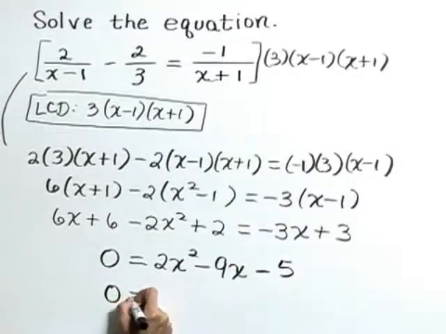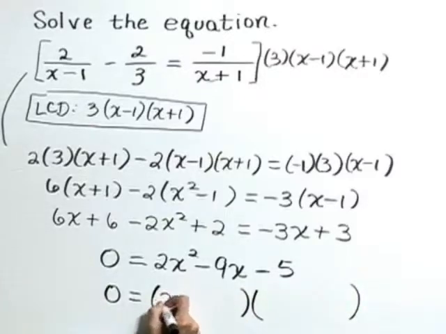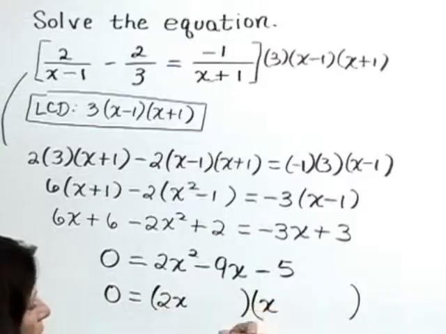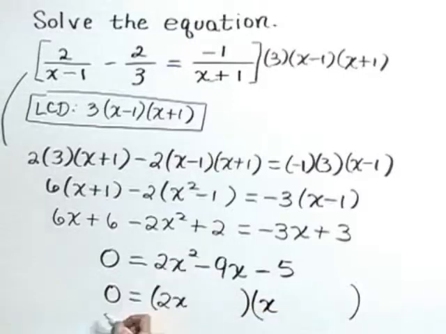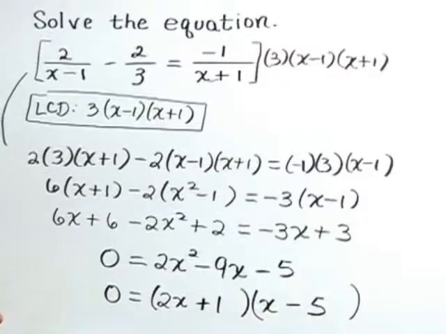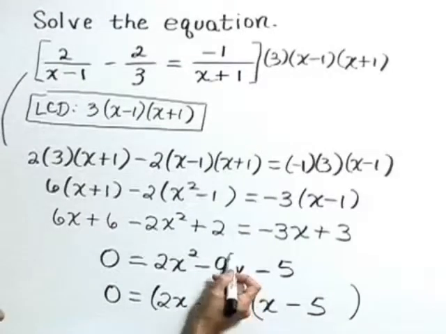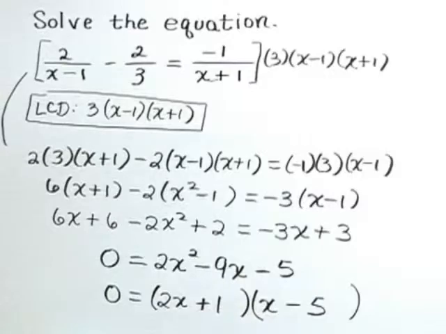Now let's factor this equation. If this trinomial on the right factors, it will factor as two binomials. The leading terms must be 2x and x to give a product of 2x squared. Our factors of negative 5, they're going to work in here, are a plus 1 and a minus 5. Let's check that. Our inner product is positive x, the outer product negative 10x, and that gives this middle term negative 9x, so it's correct.